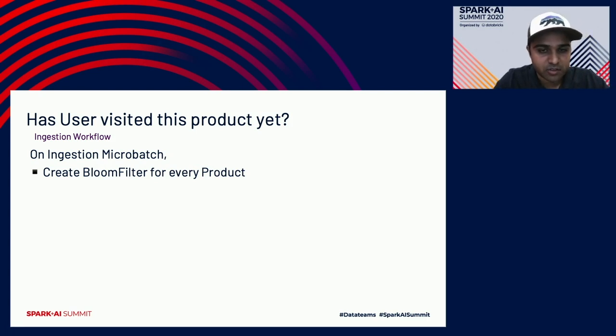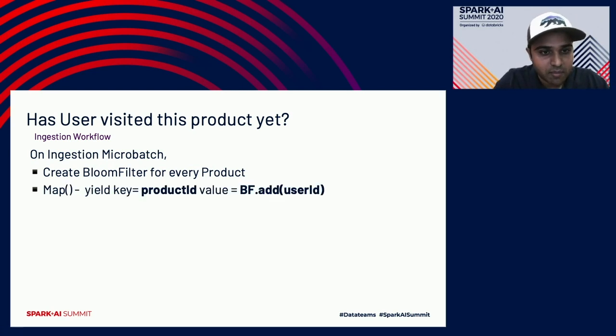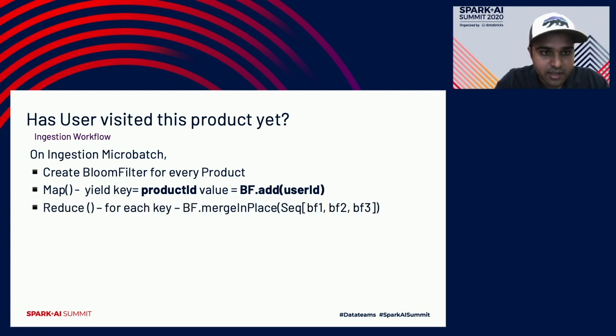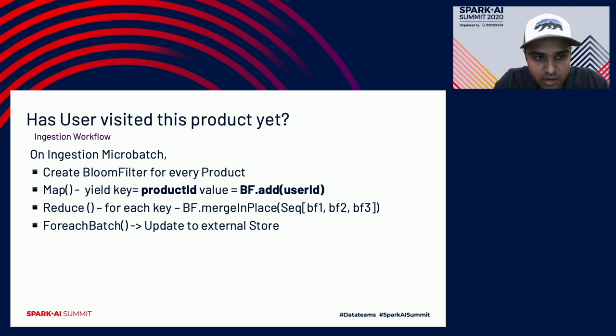So if you have P1, you'll have a P1 Bloom filter created for it, and so on. In the map step, we use the key as the product ID, and the value emitted will be the Bloom filter. In the reduce step, we combine all the Bloom filters from each partition into one. And in the foreachBatch step, we update it to the external store.